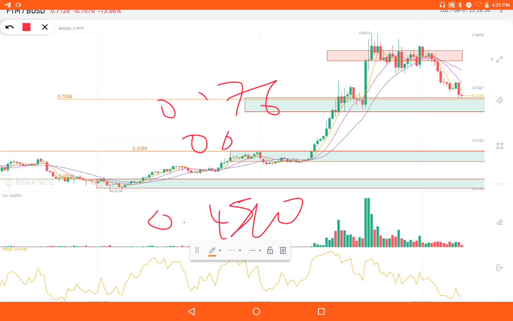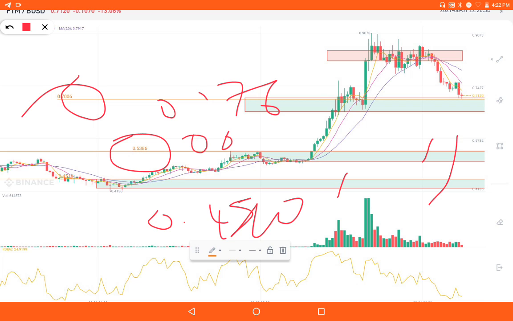In that sense, if one takes an aggressive decision in buying at 0.76 and the price is not able to hold in that area, we would expect the person to do dollar cost averaging by taking the second position at 0.5386 and then finally at 0.4510.